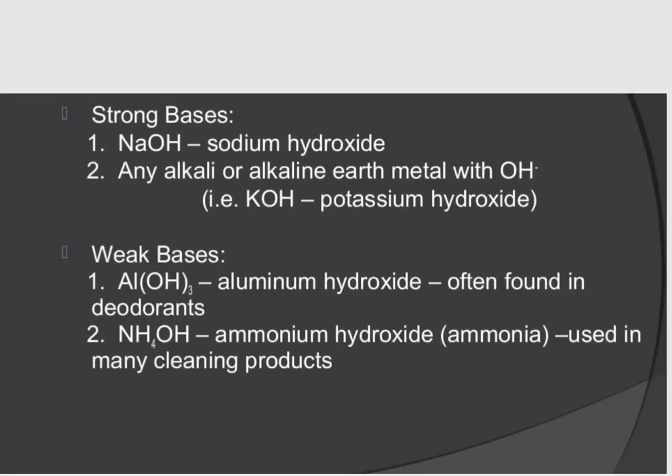Second, any alkali or alkaline earth metal with OH. These are all strong bases. Weak bases are aluminum hydroxide, often found in antacids, and NH4OH, ammonium hydroxide, ammonia, used in many cleaning products also.